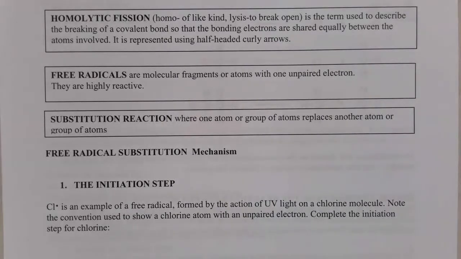And this is a type of homolytic fission. So we're breaking the molecule up, that's lytic, and producing 2 of the same species. So it's a homolytic fission. We come across another one later on called heterolytic fission, where we break the molecule up to form 2 different species. And we are doing a free radical substitution mechanism.